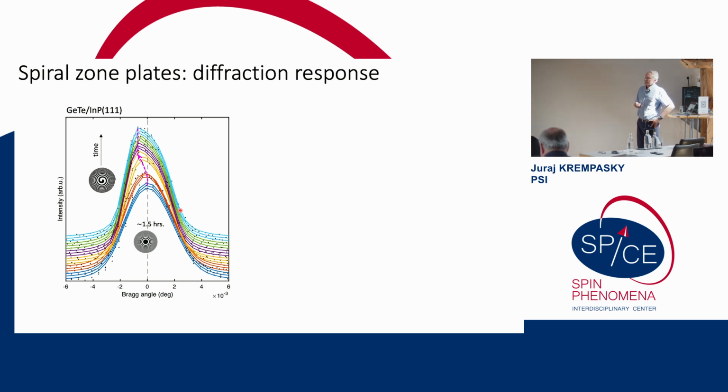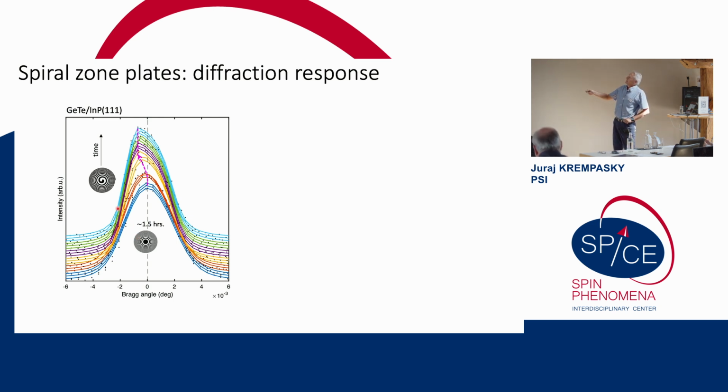The first order Bragg angle is around 8 degrees. And what you see here is really dramatic. Let's shine first, for, let's say, 1.5 hours, following diffraction with a Fresnel zone plate, so no OAM in principle.